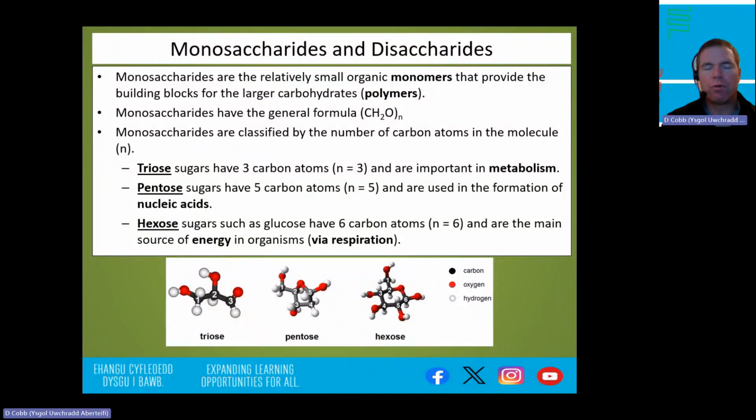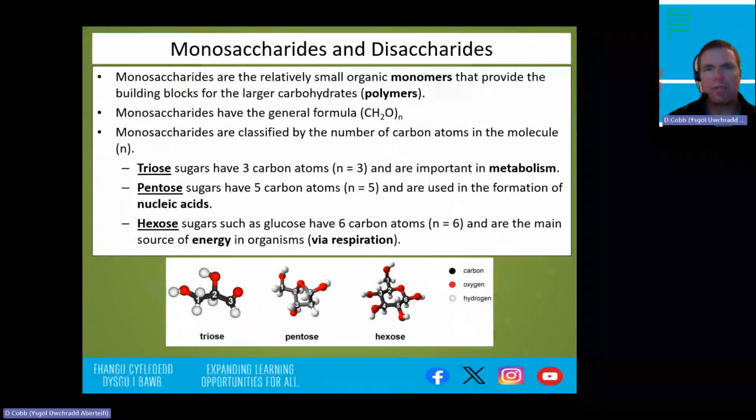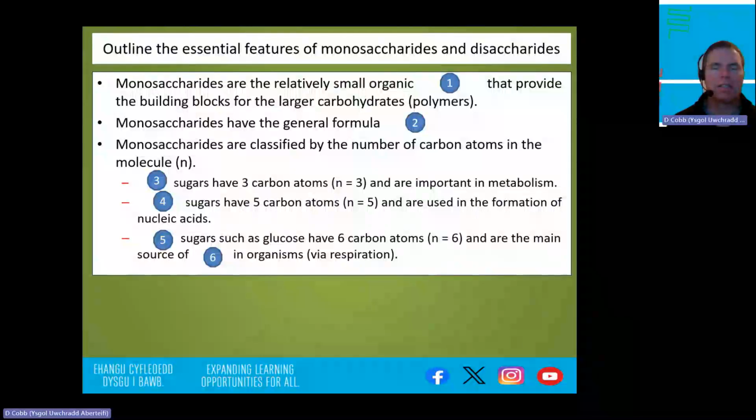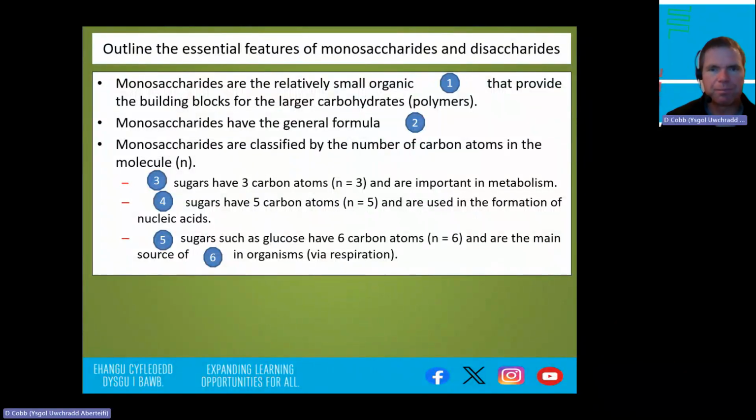So of those 3, hexose, I would suggest, is the most important, but you will come across pentose again, and triose, you can park it for now. It's unlikely questions will be asked on that. Right, same thing. You are going to pause the video, but I will go through the answers as they appear now. So monosaccharides are the relatively small organic monomers that join together to form polymers.